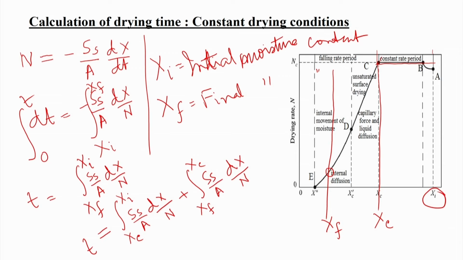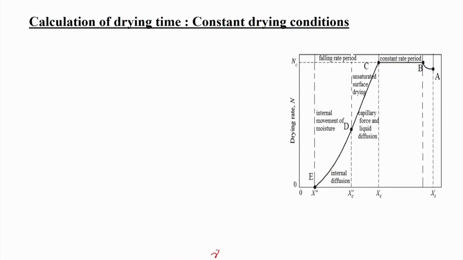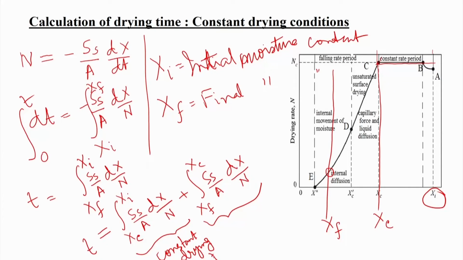This is for the constant drying period, and this is the falling rate period. So the total time will be like this.